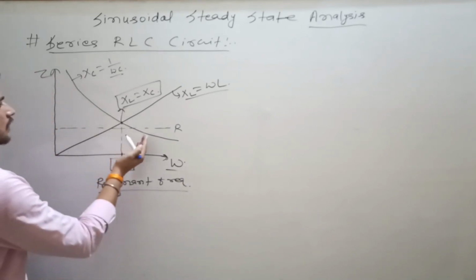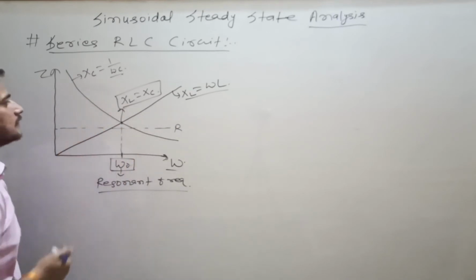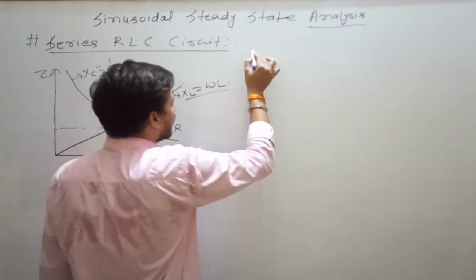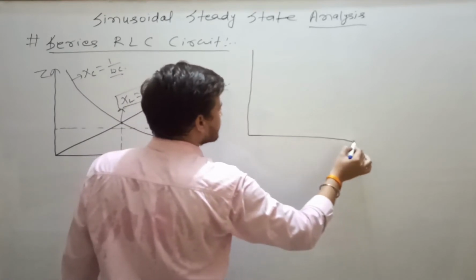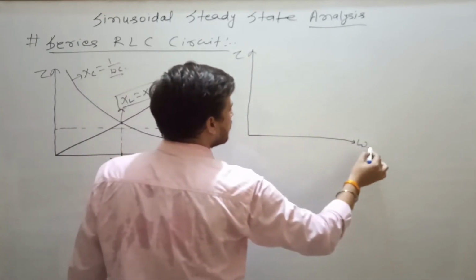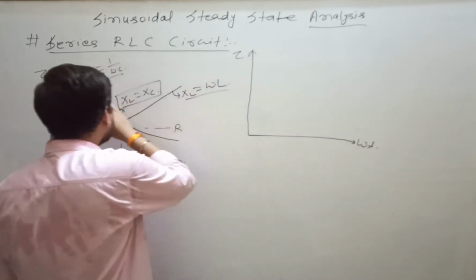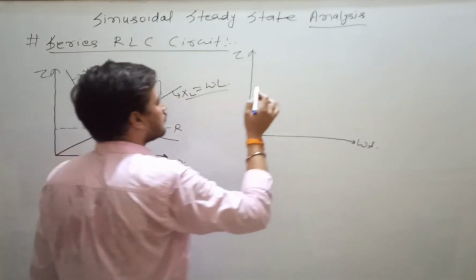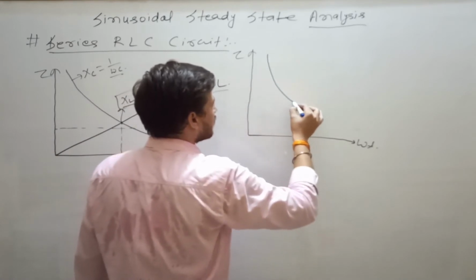So this is the graph of R, XL and XC. Now if somebody asks you to plot the graph of Z versus omega, what will be the graph? You will simply add these terms. So if you add, you will get the graph like this.